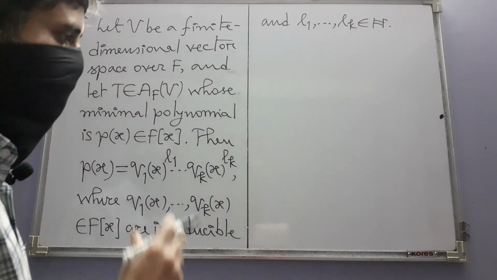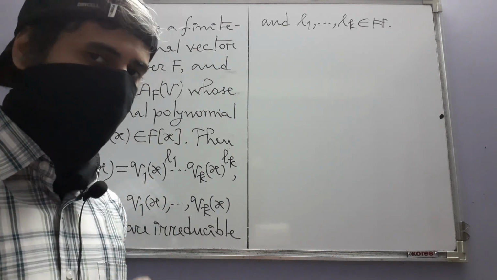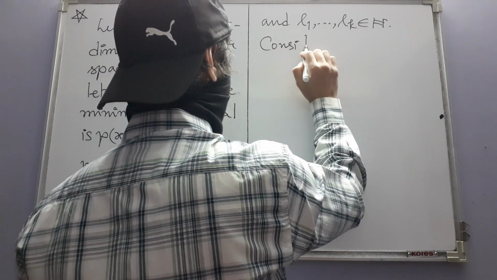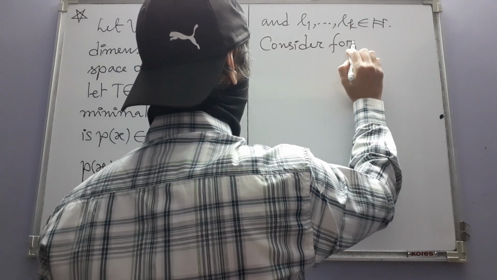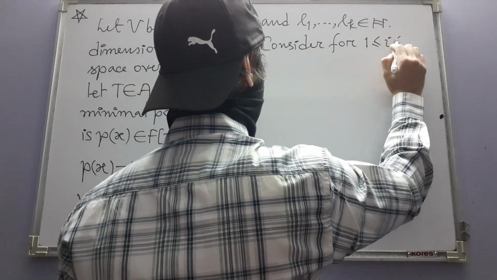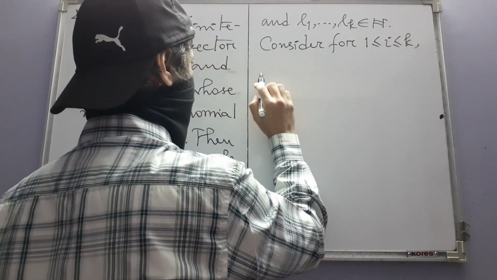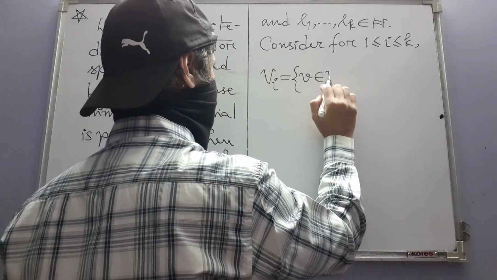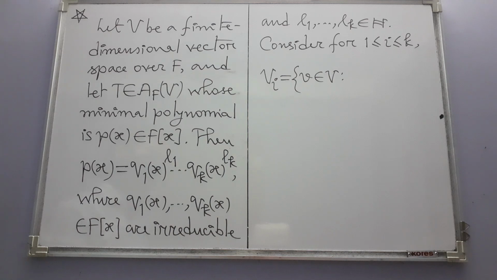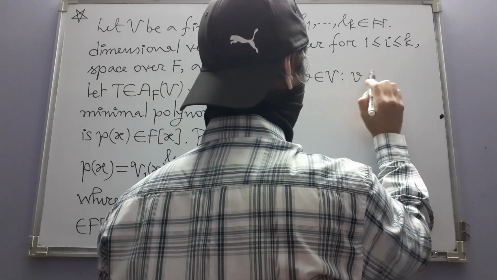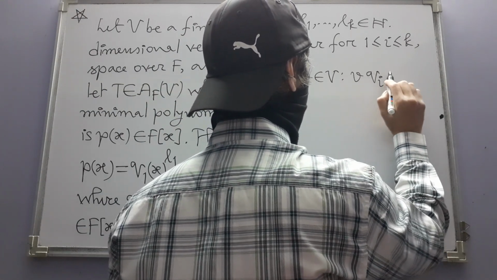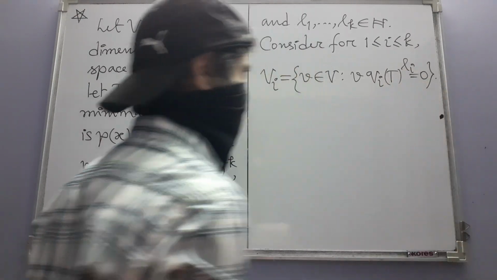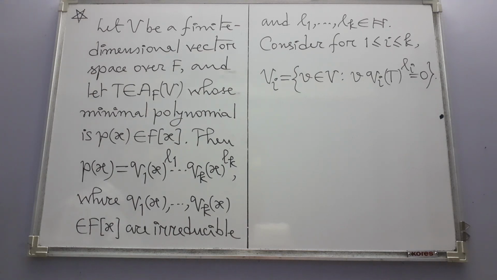Okay. And then we considered some subsets of V. Consider, for all these i's, V_i. What was V_i? V_i is the set of those vectors v in V which get annihilated by the operator Q_i(T) to the power L_i, and being annihilated means when you apply that operator on the vector you get the zero vector.